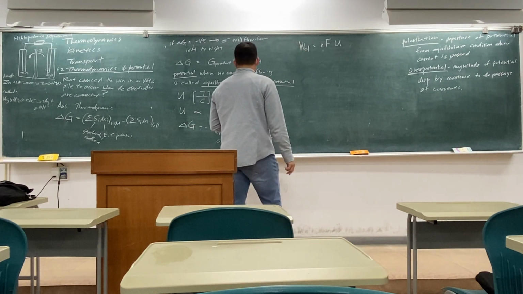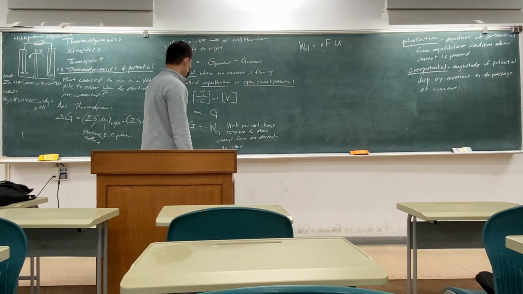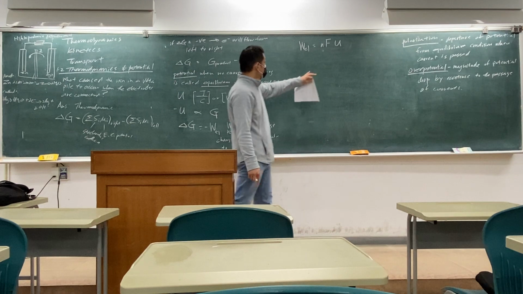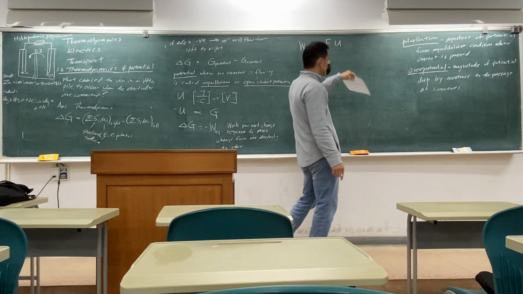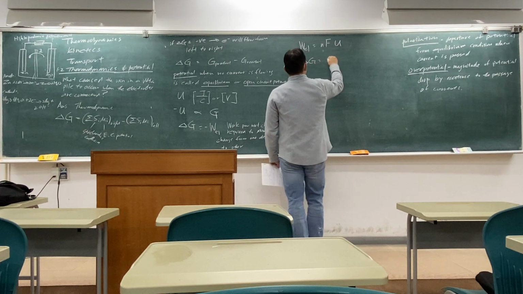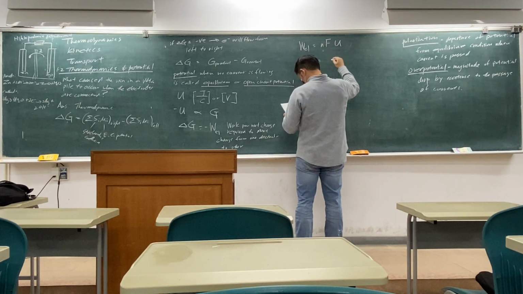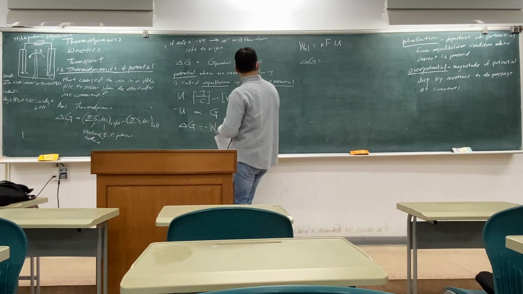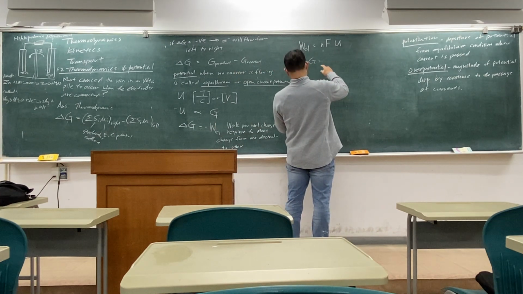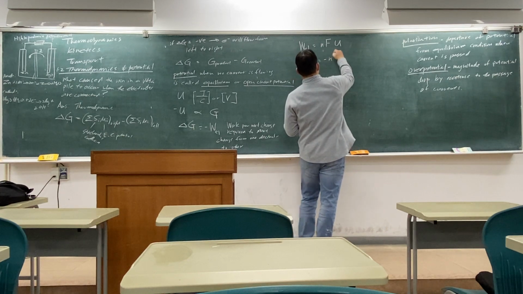Okay? So we can relate delta G now to this. So delta G now is equal to minus NF.